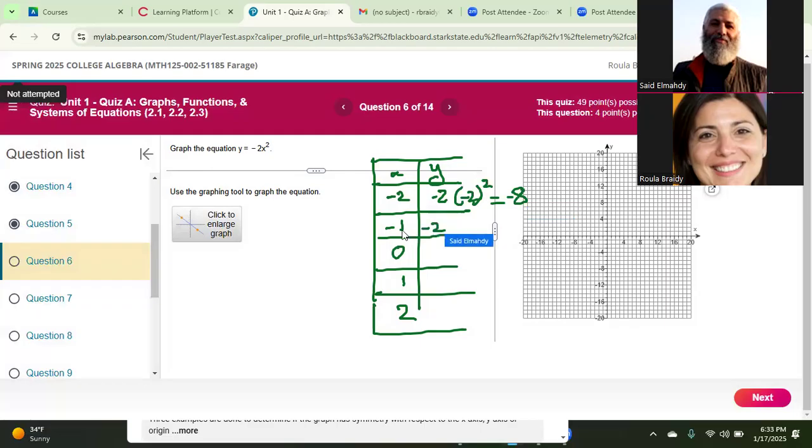And here x is 1, so y is minus 2. Here x is 0, so y is 0. Then for x equals 1, y is minus 2, and for x equals 2, y is minus 8.